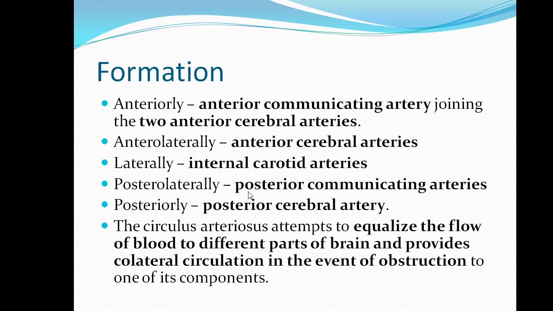Posterolaterally, it is formed by the posterior communicating arteries. Posteriorly, it is formed by the posterior cerebral artery. The circulus arteriosus attempts to equalize the flow of blood to the different parts of the brain and provides collateral circulation in the event of obstruction to one of its components.